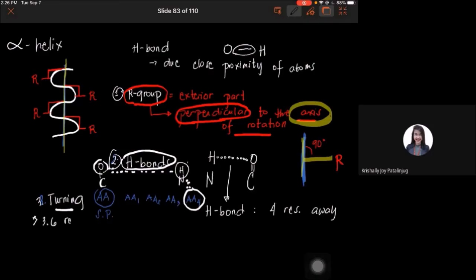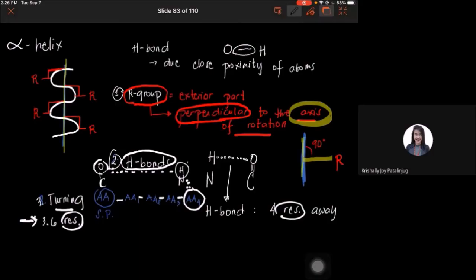Parang ganun. Okay, so tandaan, nagkakaroon ng turning of alpha helix every 3.6 residues. May I ask you, ano yung residues na sinasabi natin dito? Ano yung nire-represent ng residues? It is the, very good, it is the amino acid ha. Amino acid. Dapat klaro tanan sa mga terms. Okay? So, I repeat, sa turning, magkakaroon po ng turning sa alpha helix every 3.6 residues.